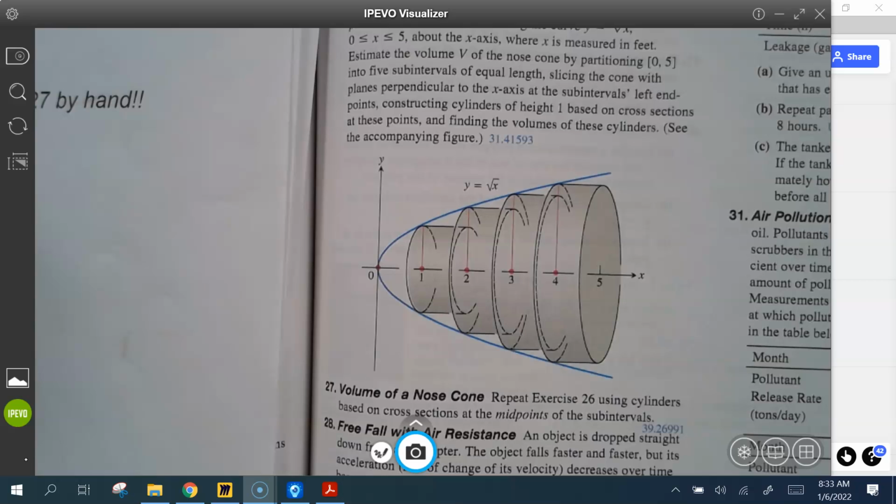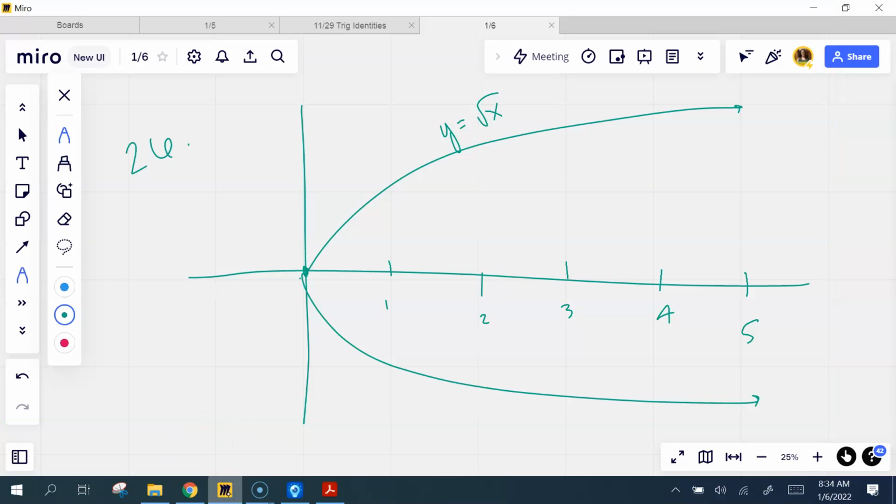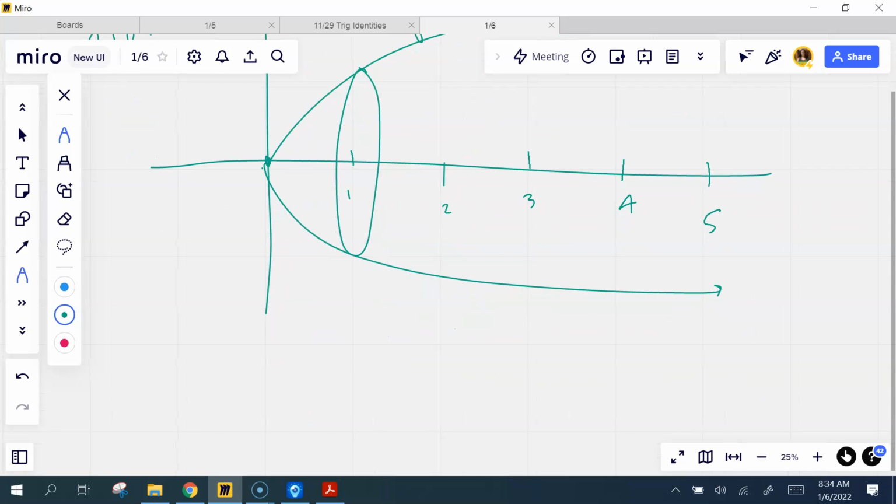How do you find the volume of a cylinder cross section like that? Times. So the width here each time is 1, right? Because it's 1. So the volume of this, so we got pi r squared times that height or that width. I'll make that width.